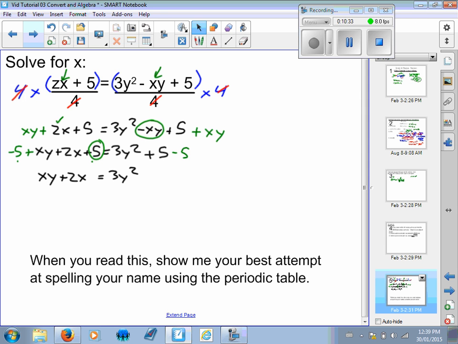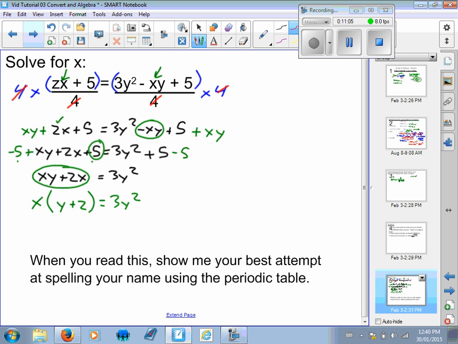Next step, we need to get rid of the things that aren't x on the left. So we're going to try to get this whole thing into one x and the rest of an expression. And the way we can do that is by factoring. Because both of these terms have an x, we can factor the x out like this. Now we have x by itself, kind of, except we still have to get rid of what it's multiplied by.